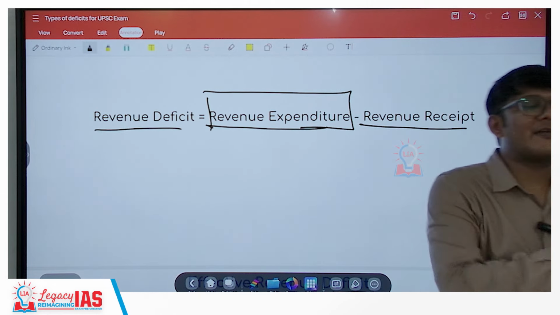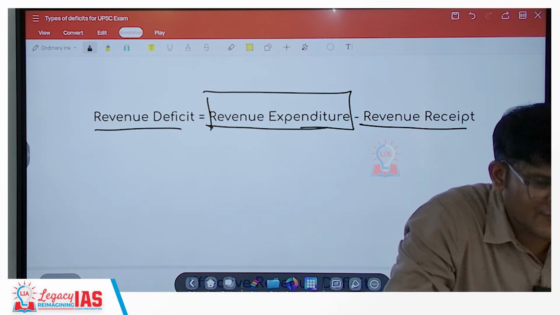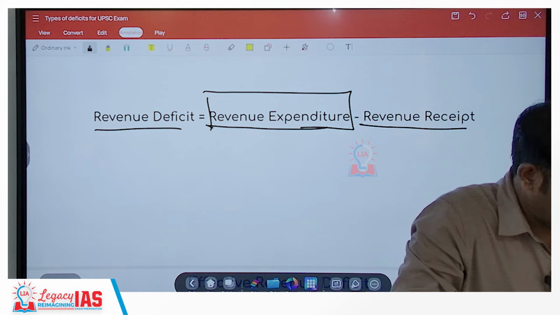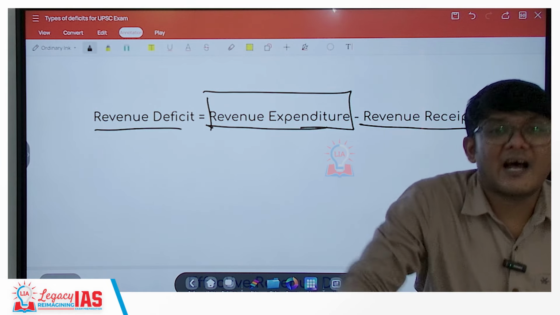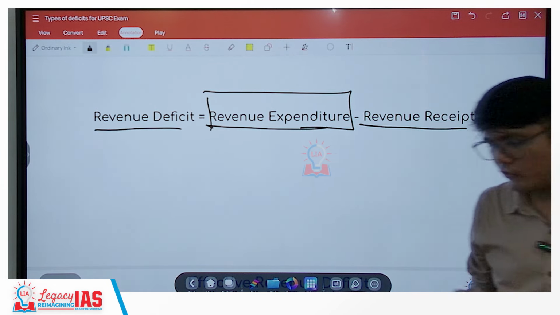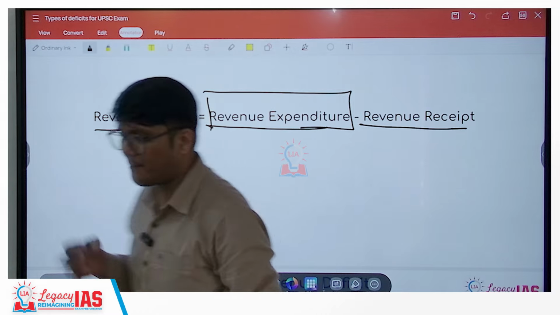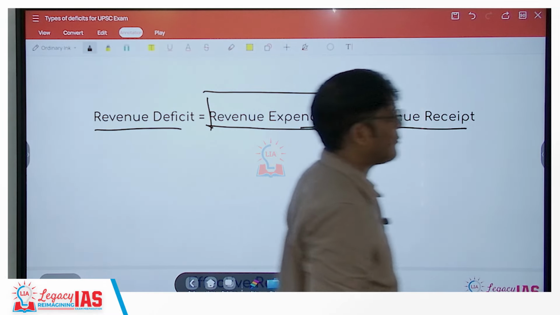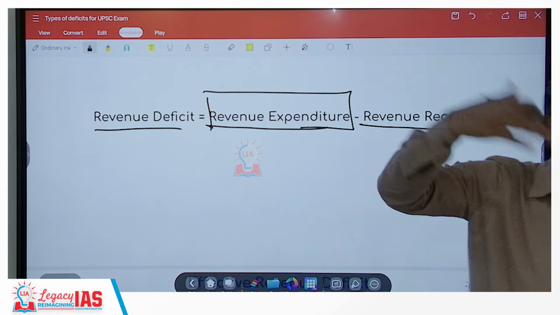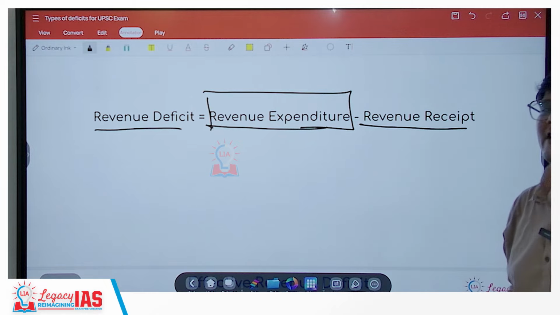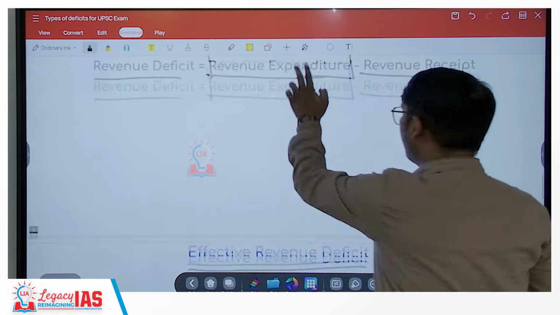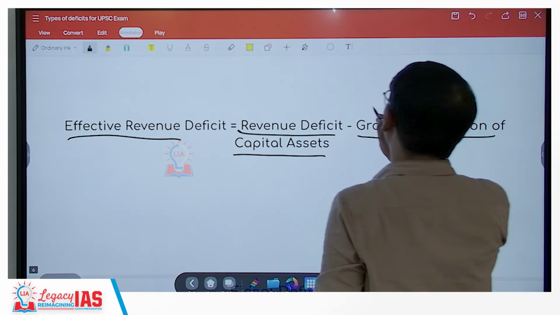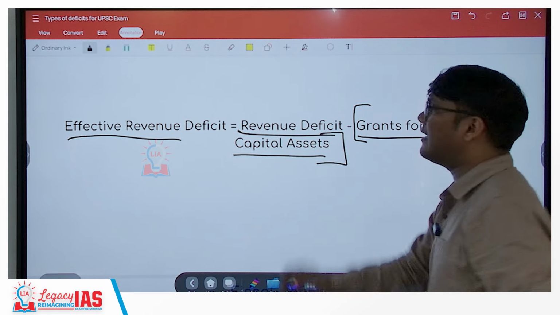In the same manner, when the central government gives, let's say, support or money, aids, grants to the states, it is also a part of revenue expenditure, but some part of that revenue expenditure would be used by the states to create capital assets. That part we have to subtract, and that part is nothing but the grants for creation of capital assets.